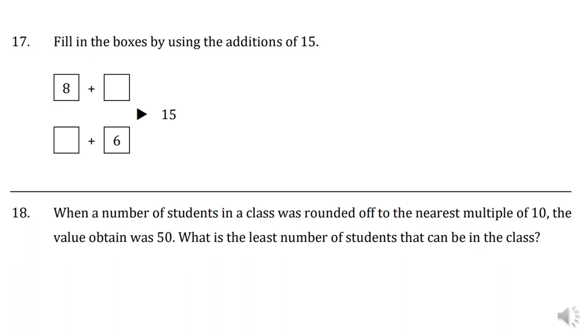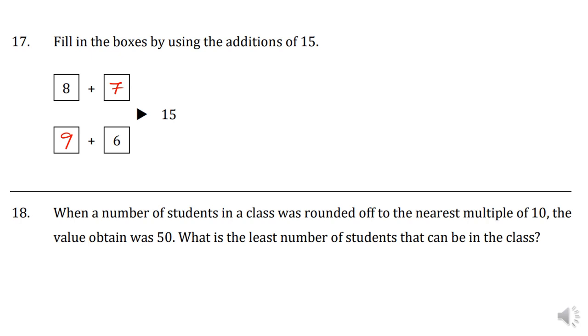In this one, you have to fill in the boxes by using the additions of 15. So actually, to get 15, 8 plus what? So you have to get 8 plus 7, right? So 8 plus 7 is 15. So for 6 you get 9. 9 plus 6 is 15, right?